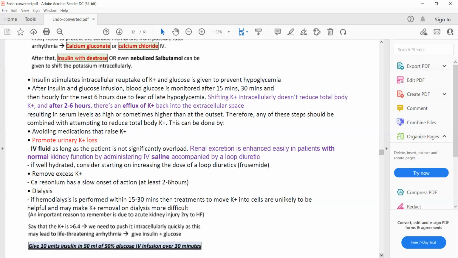So that's why we need something to excrete the potassium from the body, and that can be done through urinary potassium loss. To promote urinary potassium loss, we have a drug called loop diuretic that can be given to promote potassium loss in the urine.